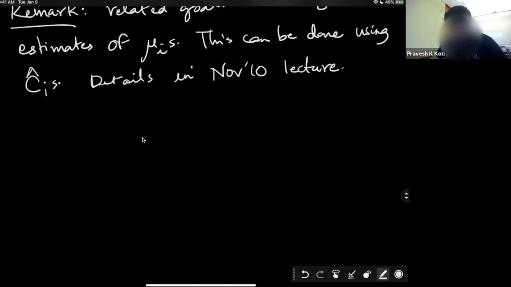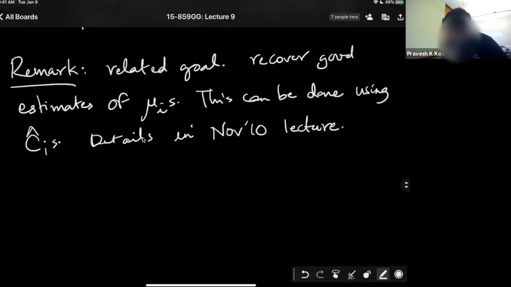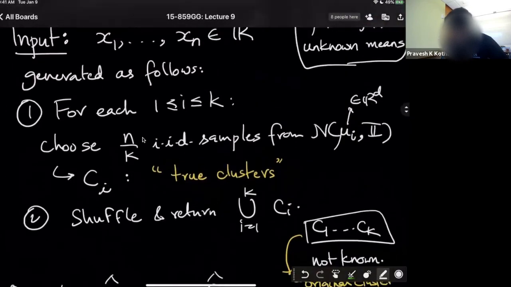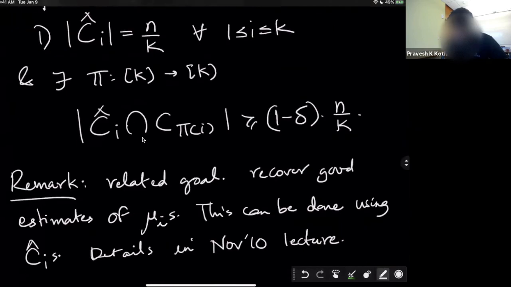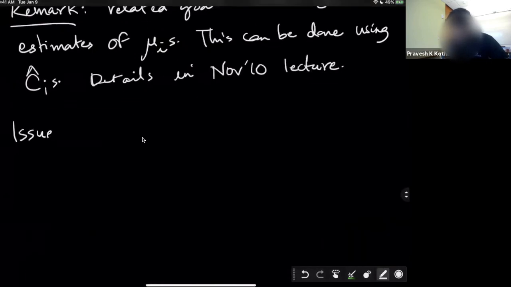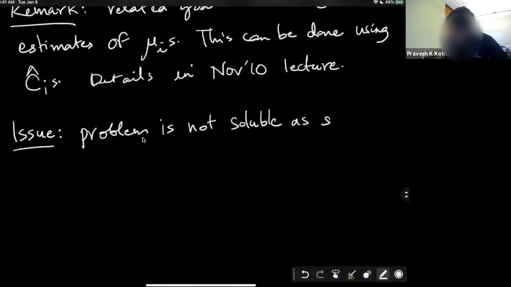Good. But one thing that you might be wondering is that this problem in principle should not even be soluble, at least if I don't specify additional conditions on mu1 up to mu sub k. Why is that? Let's point out that issue. The problem may not be soluble as stated. Why not?